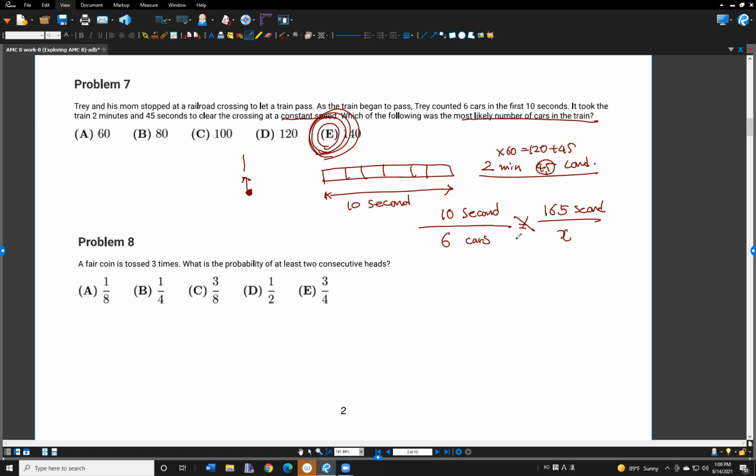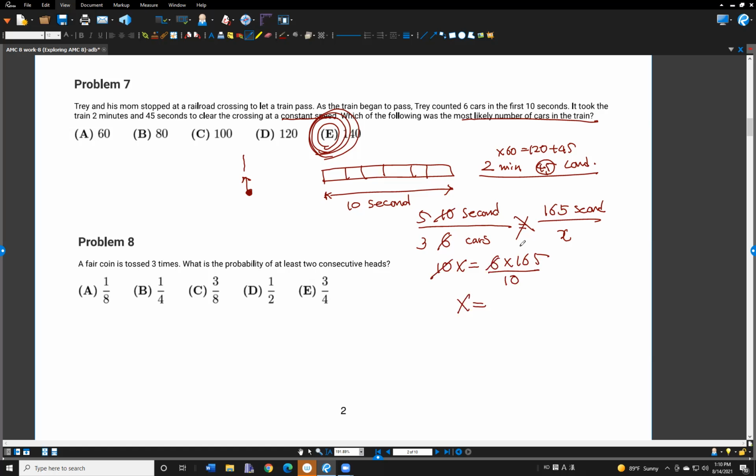Okay, now let's make a multiplication, or you can divide by this one, 5 over 3, doesn't matter, same thing. 10 times x equals 6 times 165. To find the value of x, you need to divide by 10, right? x equals how much?